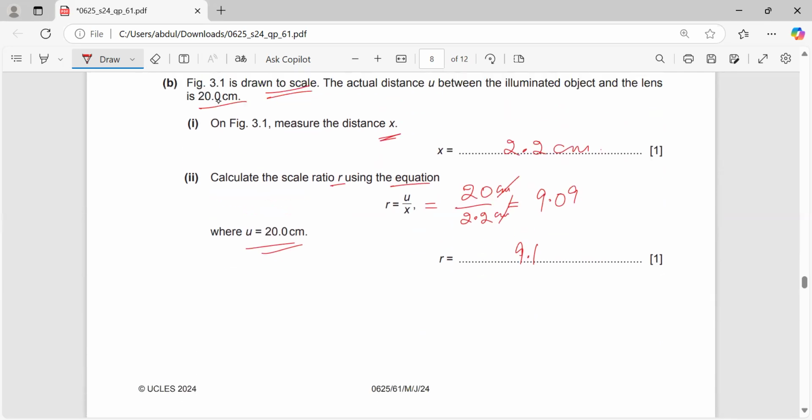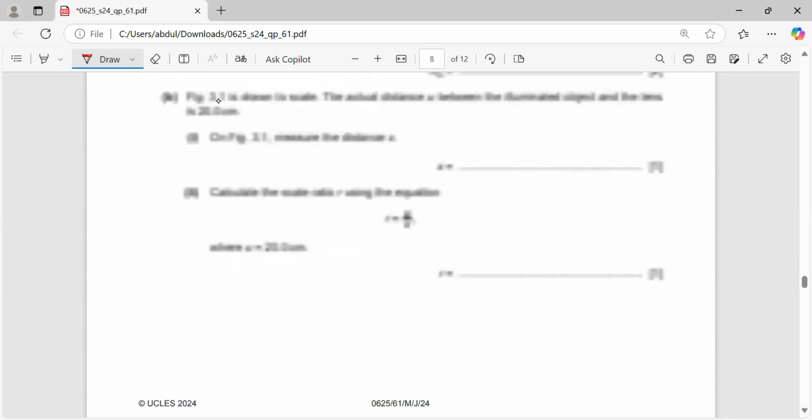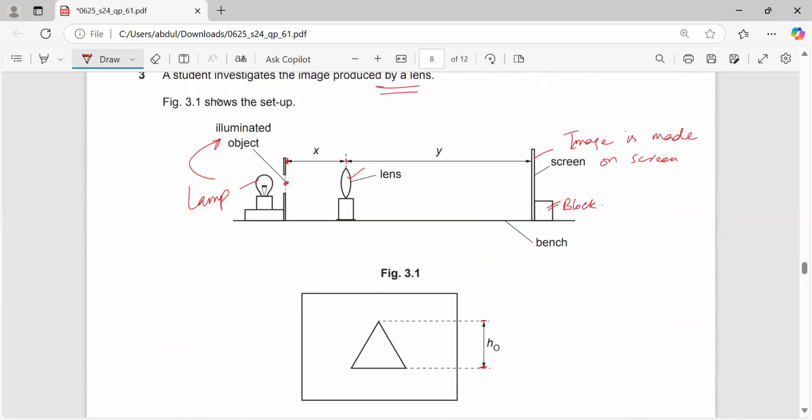By the way, I am seeing this first time, but it is not difficult. The student moves the screen until a well-focused image is formed on the screen. On the figure, measure the distance y. So I will measure the distance y now, from this point to this point.